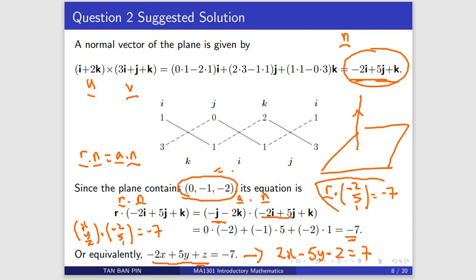If you give it in this form, you can also give it as r dot (2, -5, -1) equals 7.